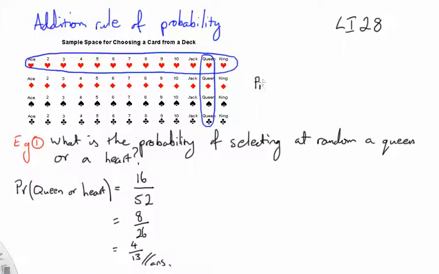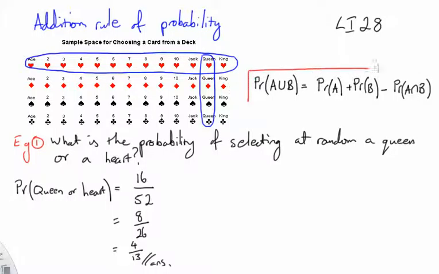The rule says the probability of A union B, in other words, the probability of event A happening or B happening, is the probability of event A happening plus the probability of event B happening minus the probability of their intersection. So you must absolutely memorize this. You must memorize this formula. Please know this off by heart.